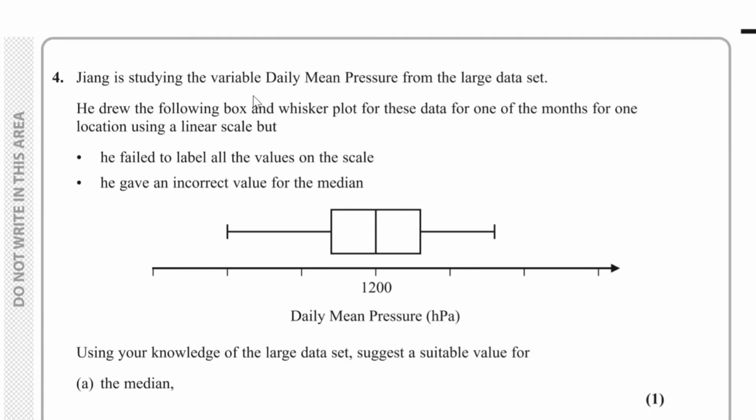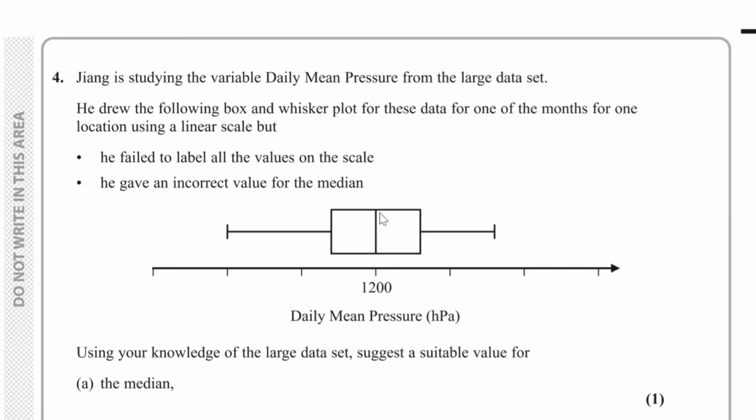Question number 4. Zhang is studying the variable daily mean pressure from the large dataset. He drew the following box and whisker plot for these data for one of the months for one location using a linear scale, but he failed to label all the values on the scale, and he gave an incorrect value for the median.